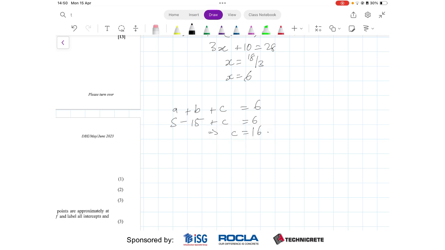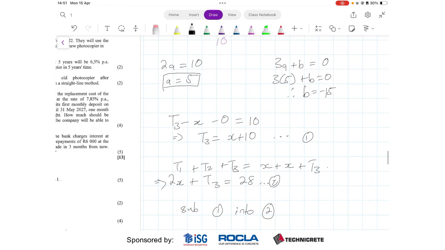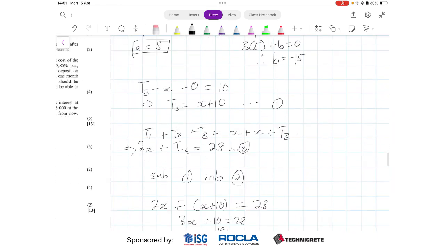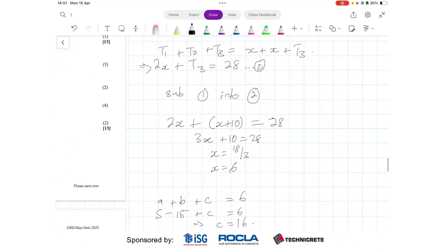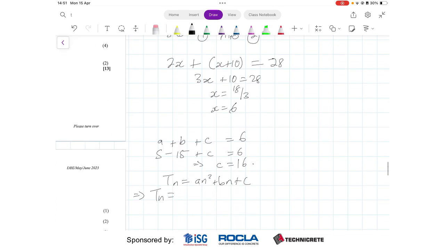Wonderful, wonderful. Because we have our a, b, and c, we can therefore say Tn is equal to, you know how the general term for a quadratic sequence is given as an squared plus bn plus c? That was basically the point of trying to find the a and the b, and then using the value of the first term in order to find c.